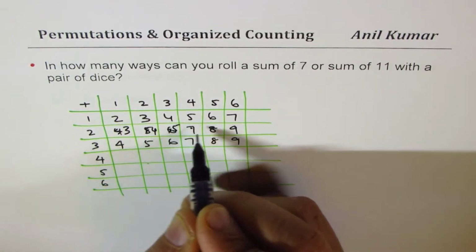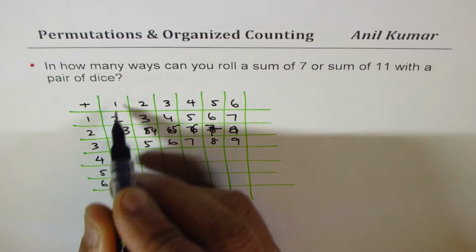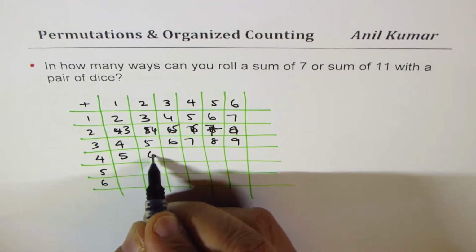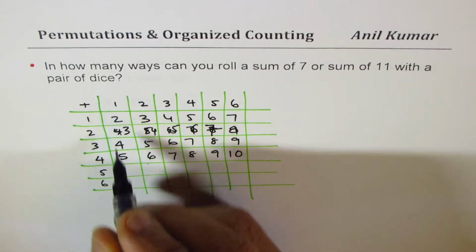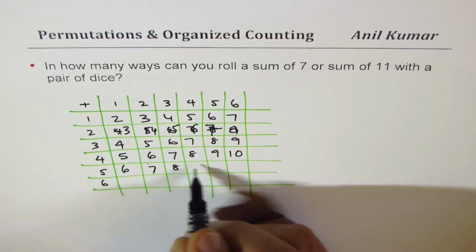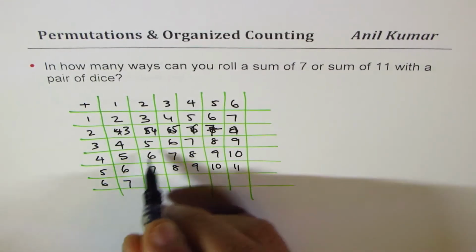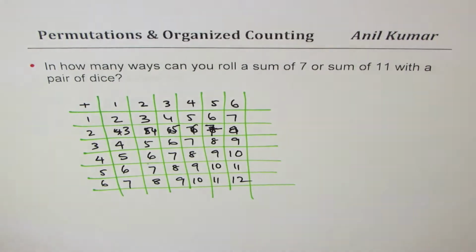Then we have 4, 5, 6, 7, and 8. Adding 3, 3 plus 1 is 4, 5, 6, 7, 8, 9. Adding 4, 4 plus 1 I have to do, which is 5, 6, 7, 8, 9, 10. 5 plus 1 is 6, 7, 8, 9, 10, 11. 6 plus 1 is 7, 6 plus 2 is 8, 9, 10, 11, and 12.